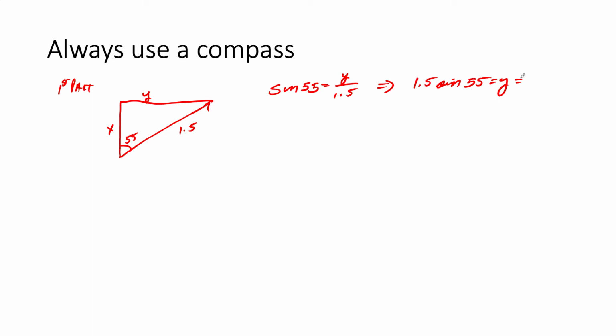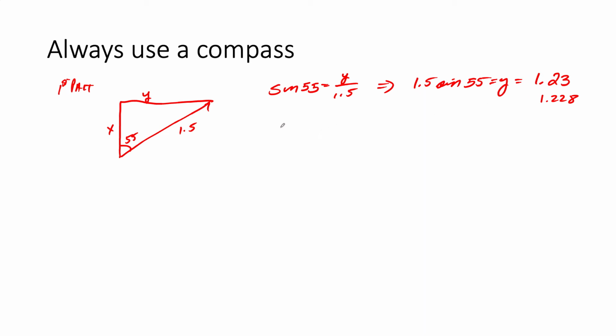And I'll get my calculator out for you guys. So I'll go sine of 55 times 1.5. I'm going to get basically a value of 1.23. If you want to go 1.228, that's fine too, but nothing more than 4 significant digits. So there's my answer for y.